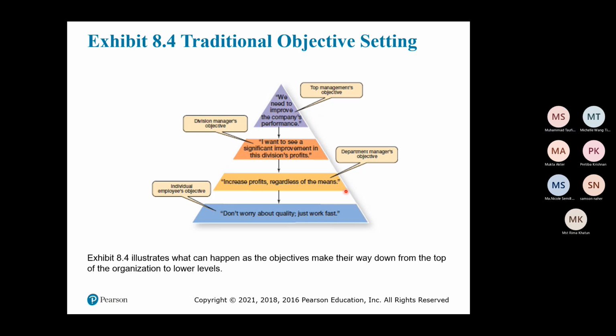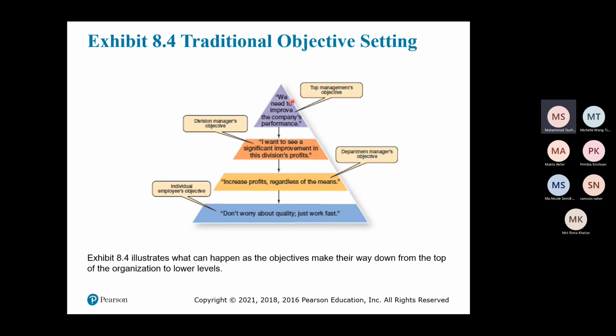So this is the example. From the top management, the objective is that we need to improve the company performance. Then going down, you can see the division manager objective: he wants to see significant improvement in division profit.